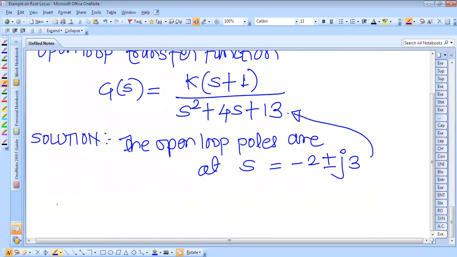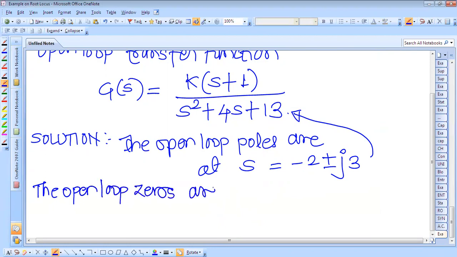And the open loop zeros are, there is only one open loop zero at s is equal to -1.